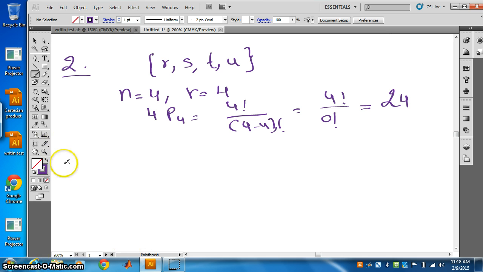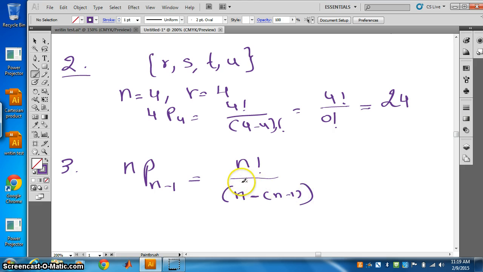Just compute nP(n minus 1). Use the rule: factorial n divided by factorial of n minus (n minus 1). So it will be like this, with n minus 1 factorial. Now open the bracket.